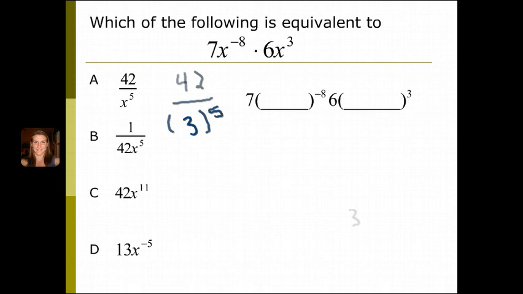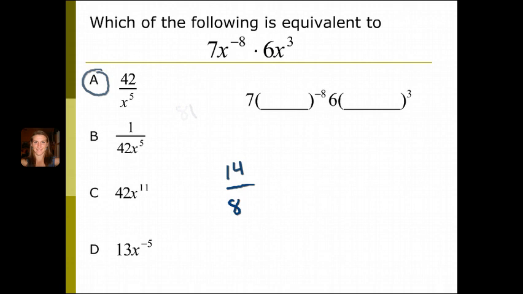If I do the math and say 42 divided by 3 to the 5th power, you will also find that this equals 14 over 81. Because we were looking for 14 over 81 as our answer choice, so it would be equivalent, A is the correct answer. 14 over 81 does equal 14 over 81.